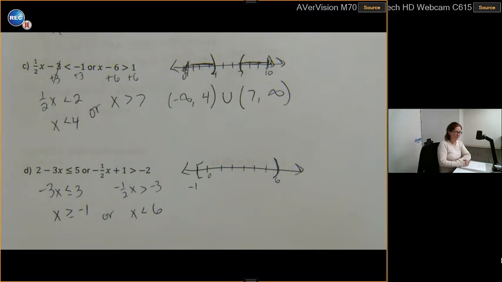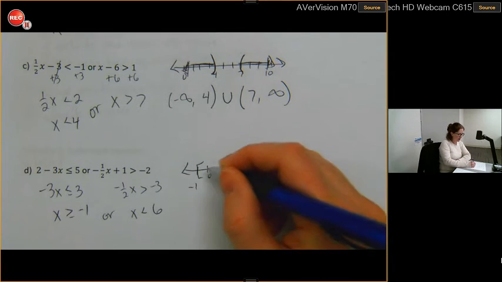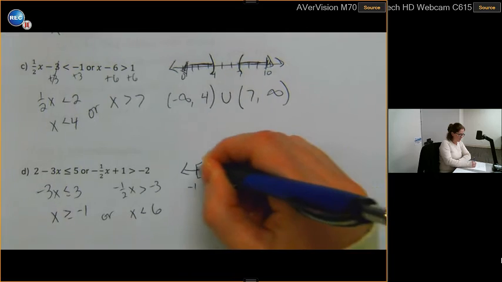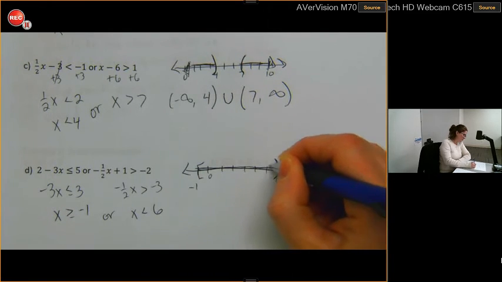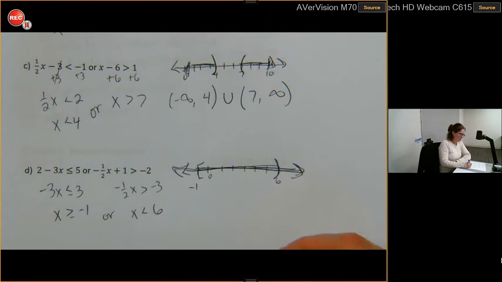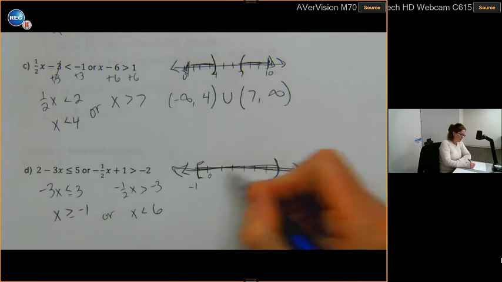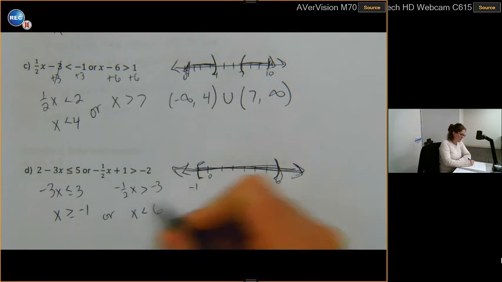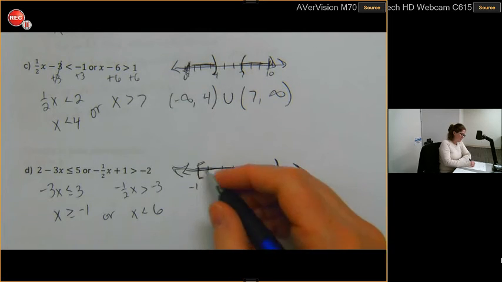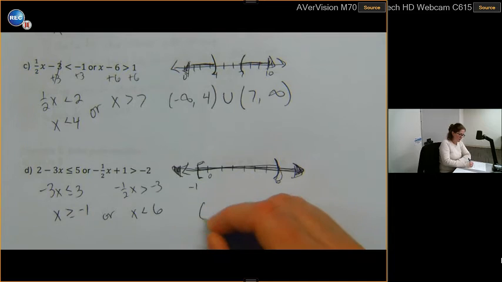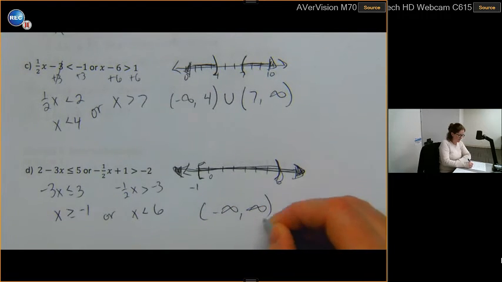So I need all numbers greater than or equal to -1 or less than 6. In this case, we're not just stuck in between. It actually ends up shooting past my boundaries because it's an "or" problem, shading in both directions, which is represented with -infinity to infinity.